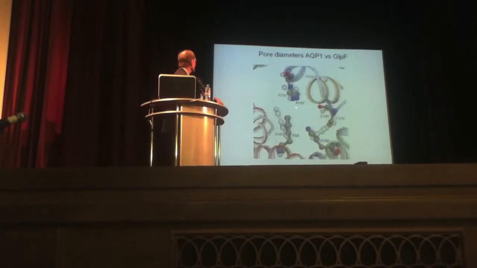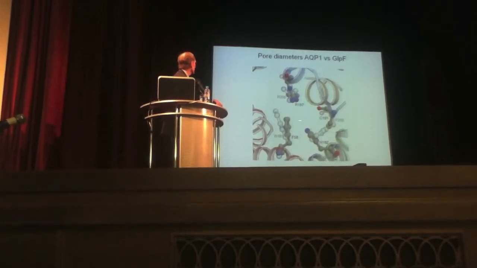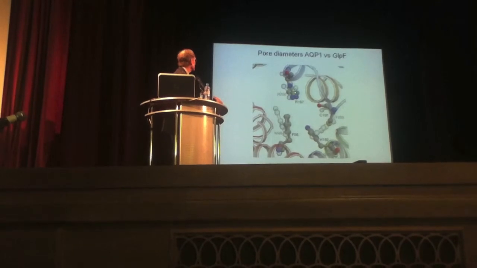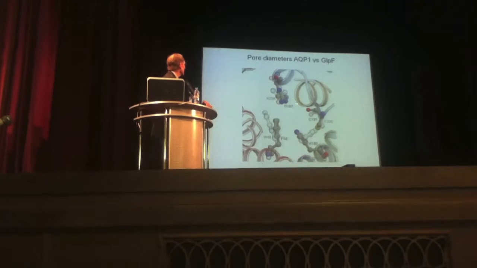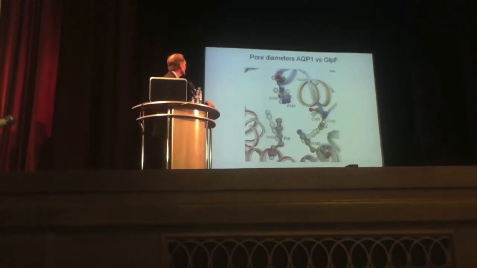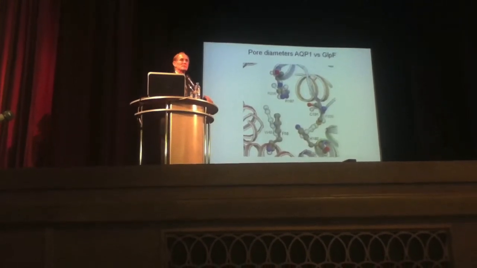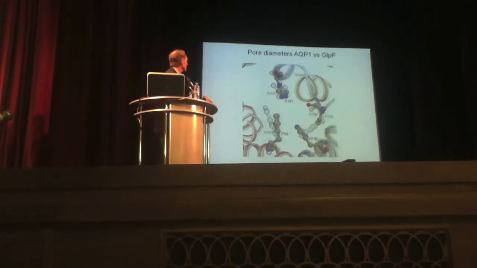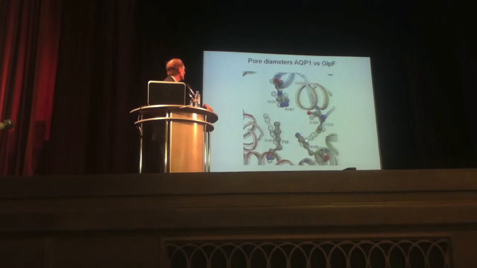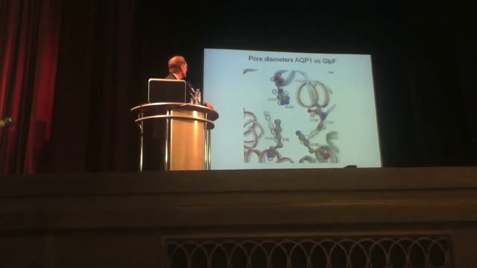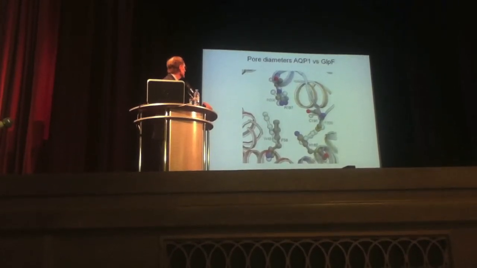Here's the aqueous pore, here's an arginine conserved in the water channel and the glycerol transporter. Here's the cysteine, the mercury inhibitory site that Bob Macey identified. Notice it's replaced in the glycerol channel by phenylalanine, a hydrophobic, bulky residue extending out into the pore. Here's a histidine, a partially positive charge in the water channel. It's replaced by glycine, a tiny residue.